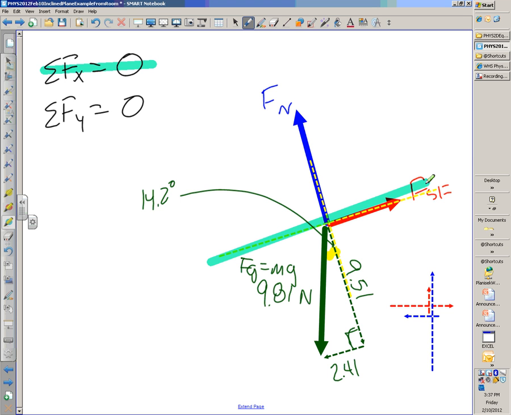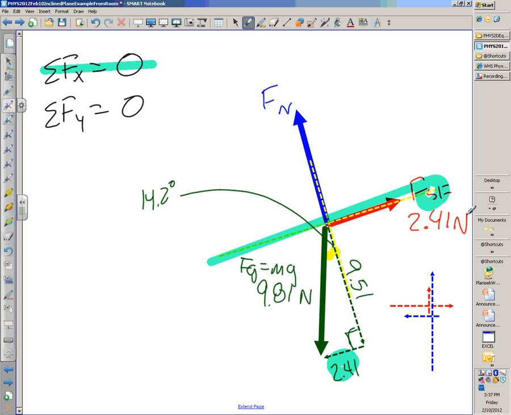The red static friction force, and then the parallel component of gravity. If there are only two forces, and they have to add up to 0, if we know one, we automatically know the other one. And that means that the static friction force has to be equal to 2.41 newtons.